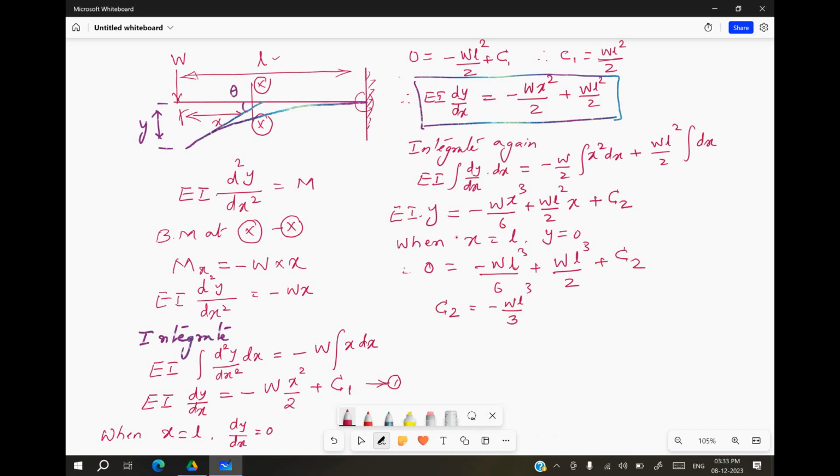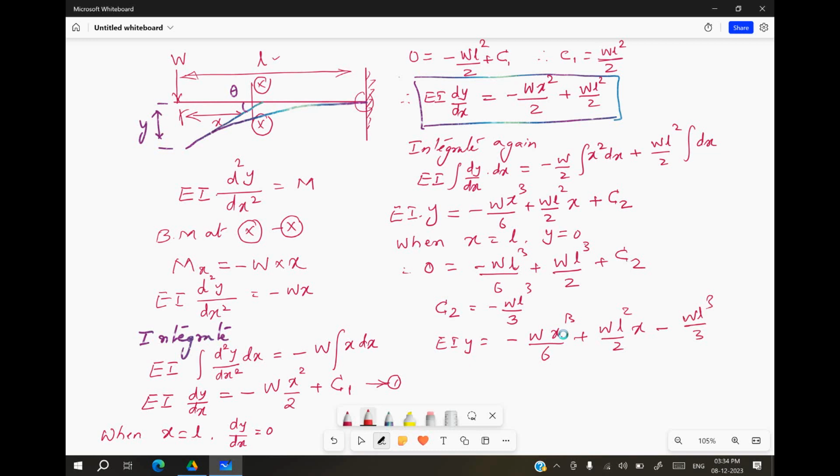Take this and put it in the equation. So EI y is equal to minus Wx³/6 plus WL²/2 into x minus WL³/3.